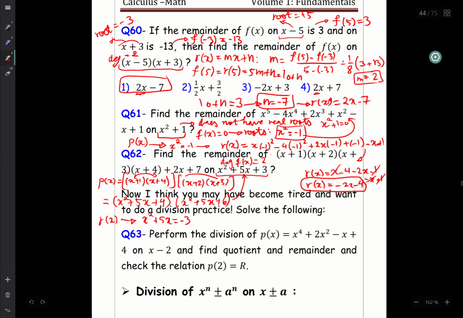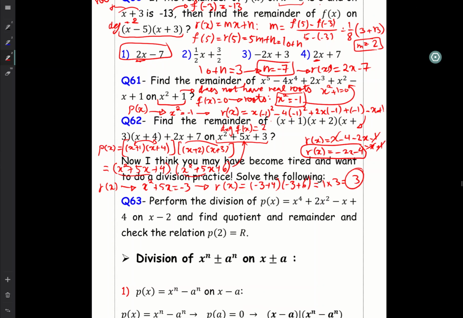So if I put this back in the p(x), therefore the remainder becomes basically (-3 + 4)(-3 + 6). And it becomes 1 times 3, 3. So the remainder is actually 3. And in order to see that, I can write p(x).